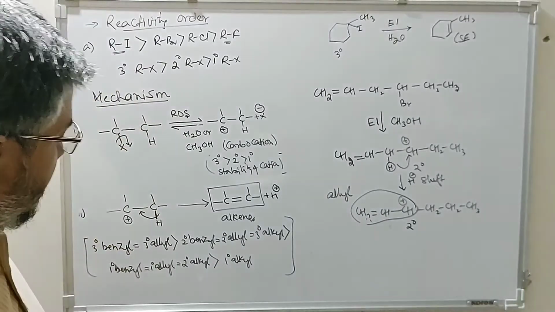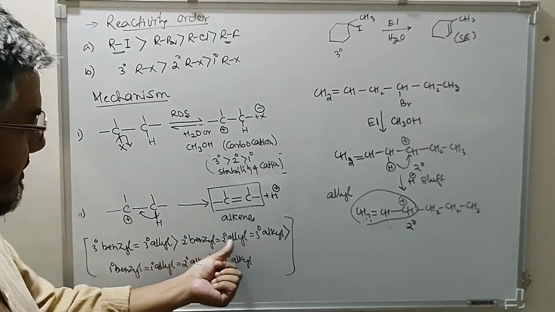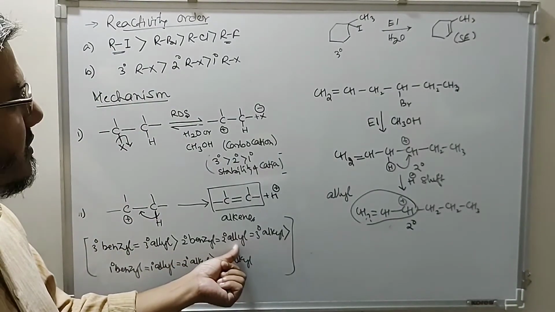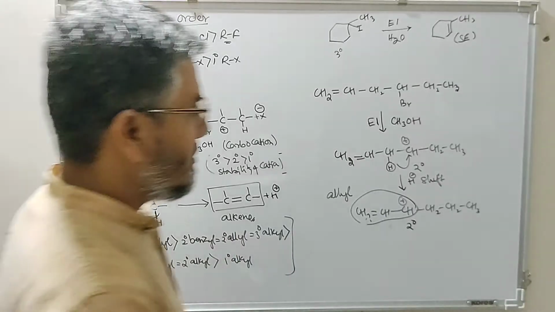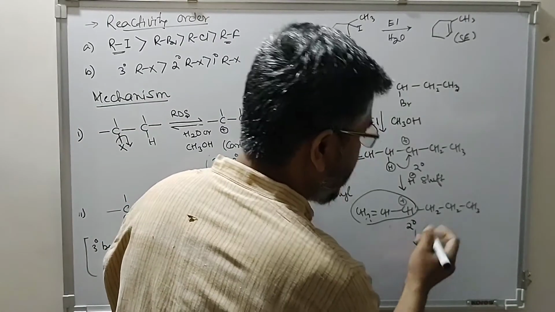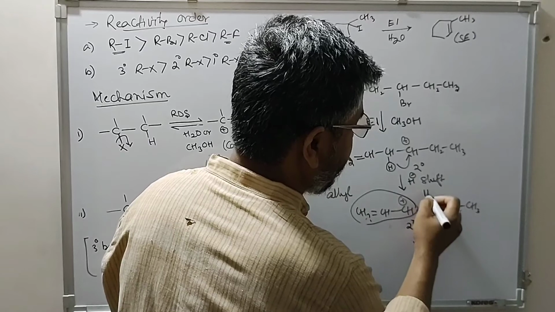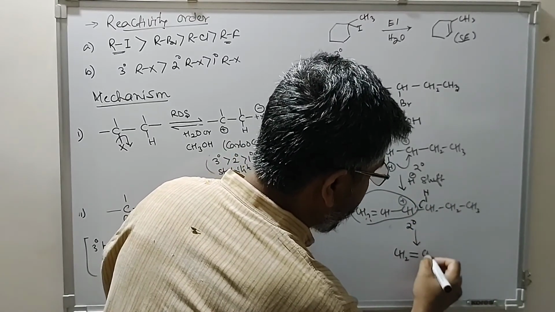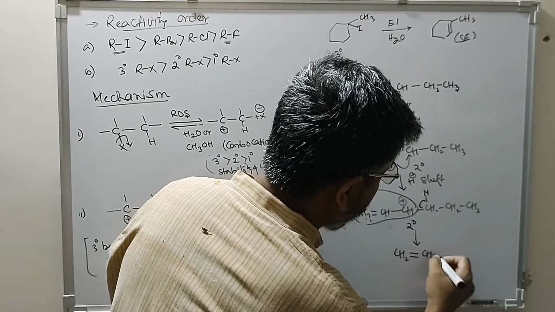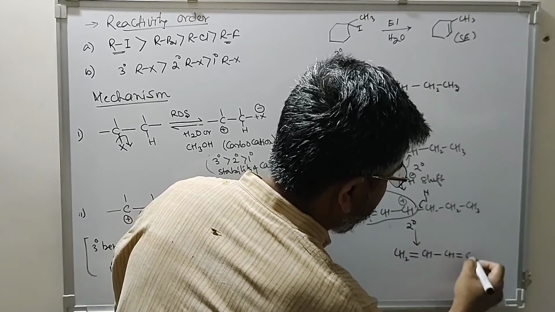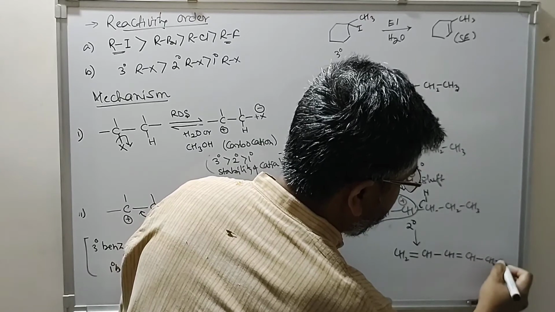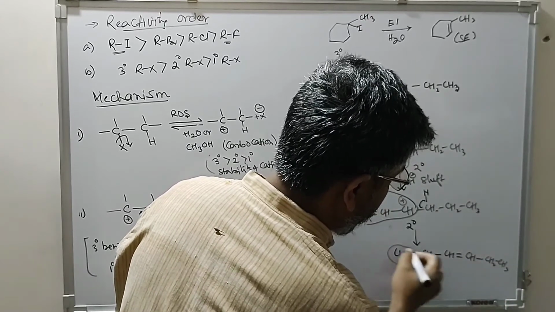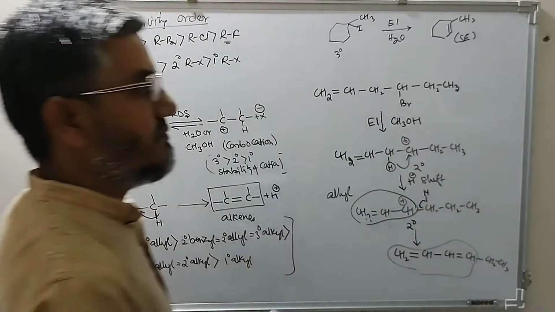So we are getting secondary allyl, which is very reactive for this reaction. So finally this undergoes elimination to give you the resonance stabilized or conjugated alkene. So this is a conjugated system.